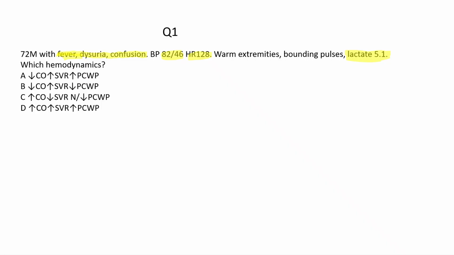what ends up happening with your hemodynamics is initially your cardiac output is going to be high, and your systemic vascular resistance will be low.